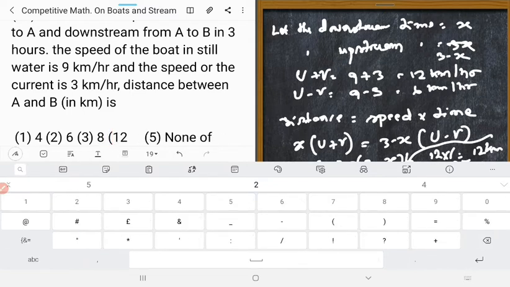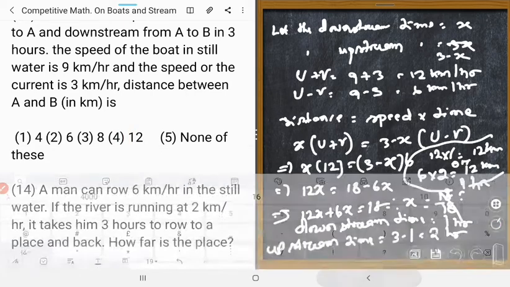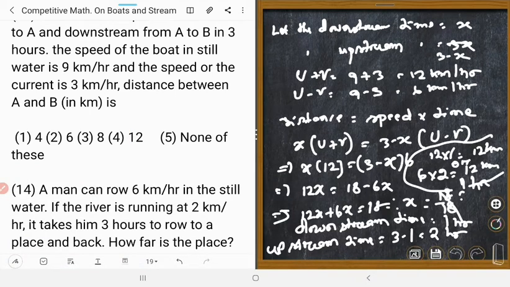So which is the correct answer? Number 4. Yes, 12. Number 4 is the correct answer. Right? Okay.